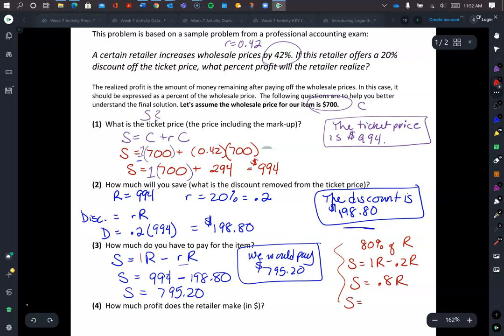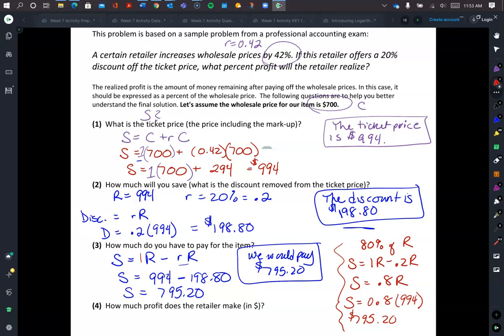And in this case, our R is $994. So that would be 0.8 times 994, and we should get the same answer. Let's just double check that, right? So we get 795.20. So just an alternate method for you.